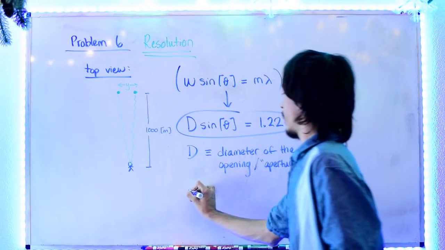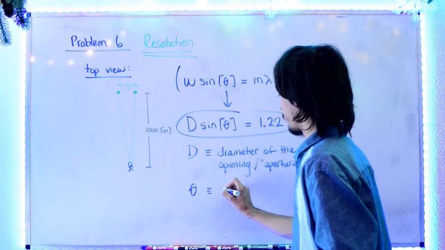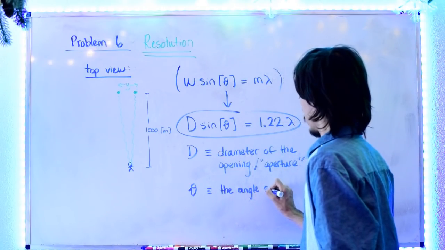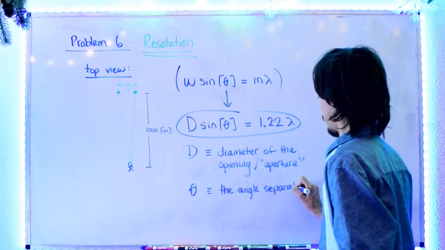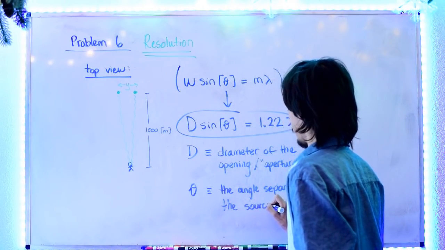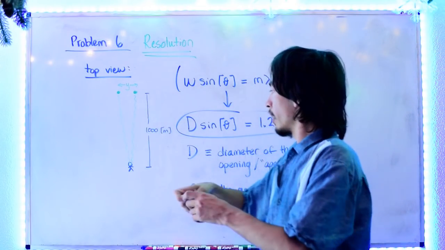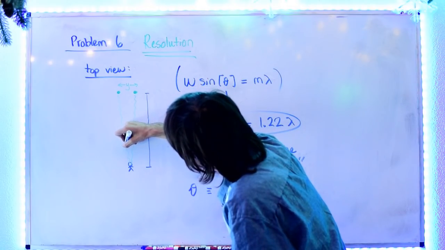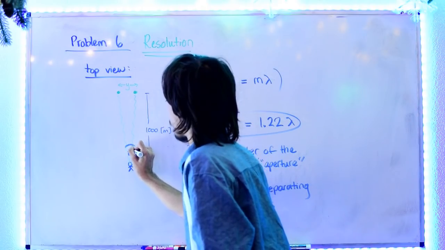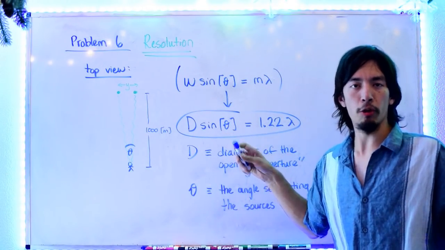Now, theta in this equation is defined as the angle separating the sources. In this case, you have your two sources, and there's going to be some angle between those two lines of sight. That angle is treated as theta. And you can apply the small angle approximation here too.